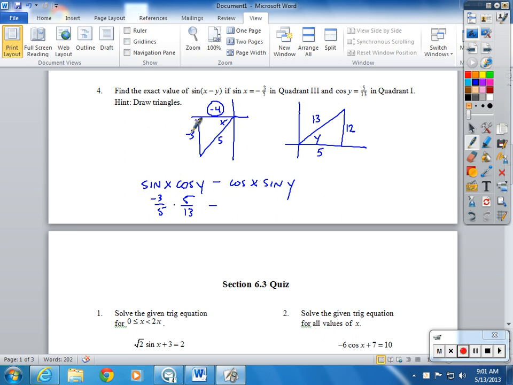Minus the cosine of x, that'd be this one right here, negative 4/5, times the sine of y will be 12/13. Okay, and then I simplify from there. So I end up with negative 15 over 65 plus negative 48 over 65, and then I add those two together, so that gives me negative 53 over 65 as my final answer.